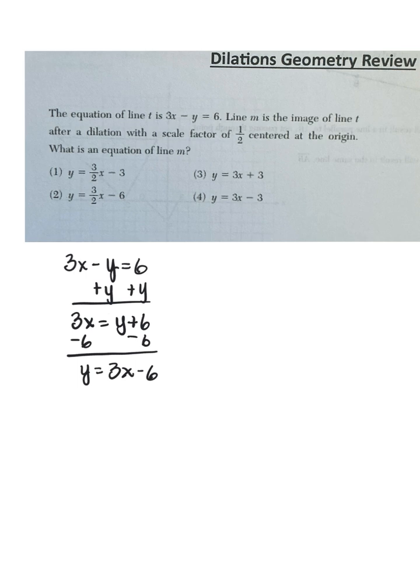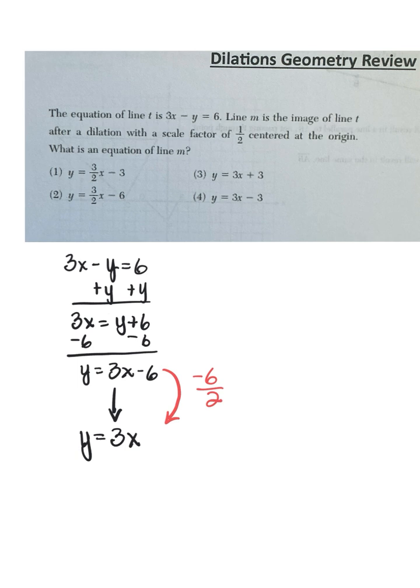So technically they're taking this line and dilating it by a scale factor of 1/2. The trick is all you have to do is take this line and keep your slope, which in this case is 3, and you're going to take this y-intercept, which is -6, and cut it in half.